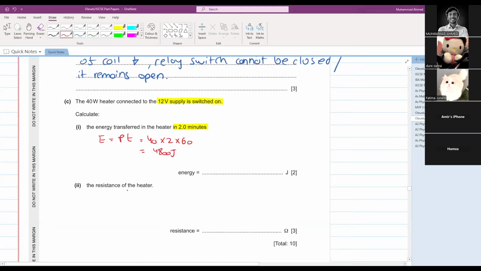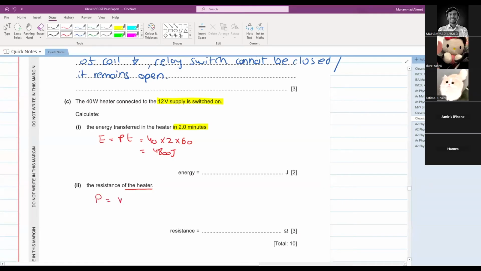Perfect. Now you have to calculate the resistance of the heater. How can you calculate the resistance of the heater? Do you remember this formula?